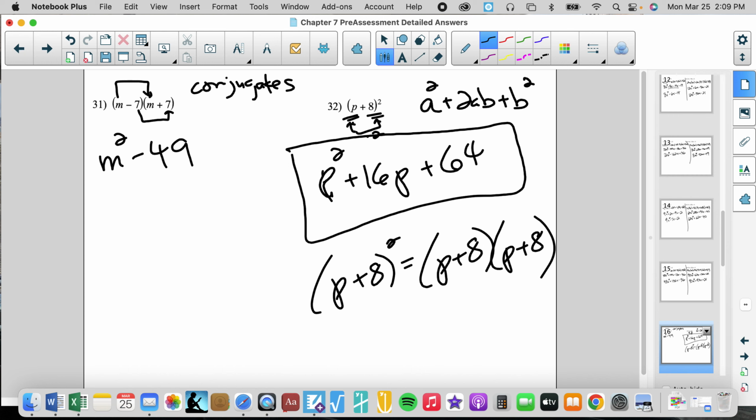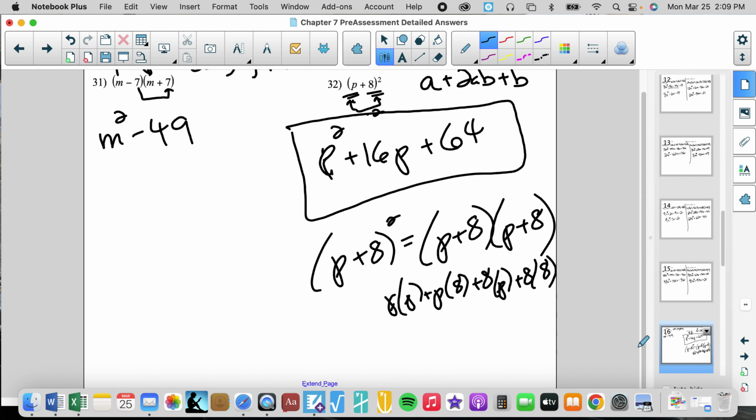Absolutely. Can you do p times p plus p times 8 plus 8 times p plus 8 times 8? Sure. Can you do p squared plus 8p plus 8p plus 64? And you see why we double the 8p, because there's two of them. They're identical because we're multiplying the same binomial times itself.